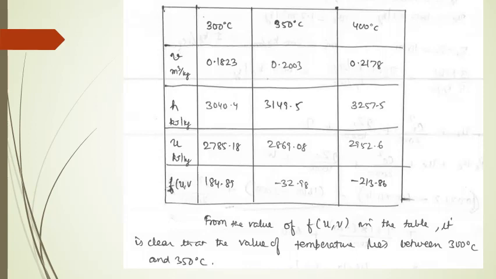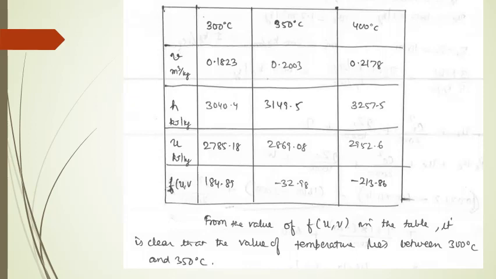For example, for 300 degrees Celsius, we put the value of V and U in this equation because we are having only two unknowns, U and V. So from this table, we will take the values 0.1823 and 2785.18 as the value of V and U respectively, and put them in the expression which I have shown you on the last slide, and I get the value of f(U,V) as 184.89.